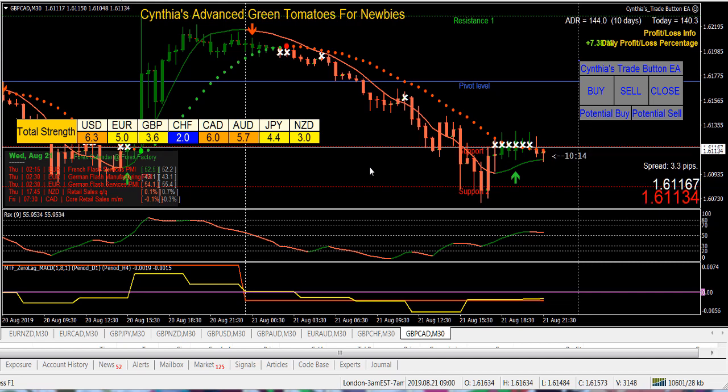They're non-currency assets, and they move very, very well.